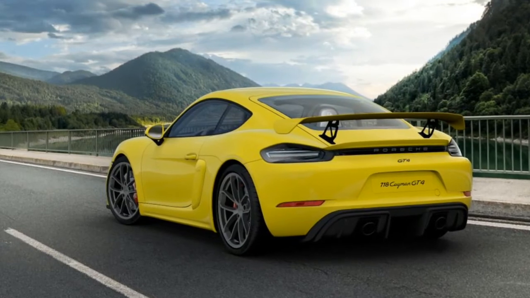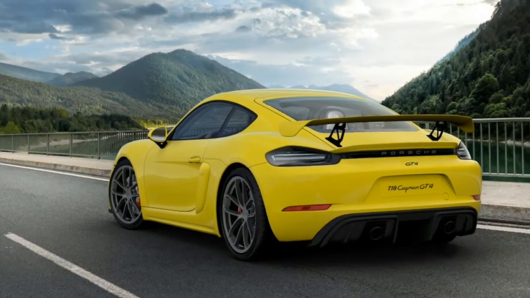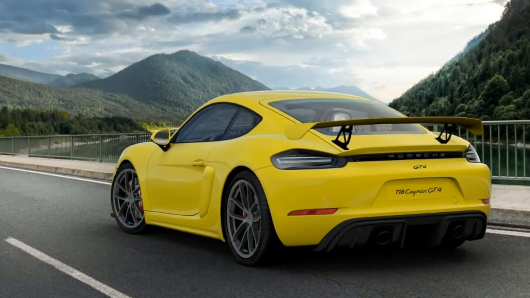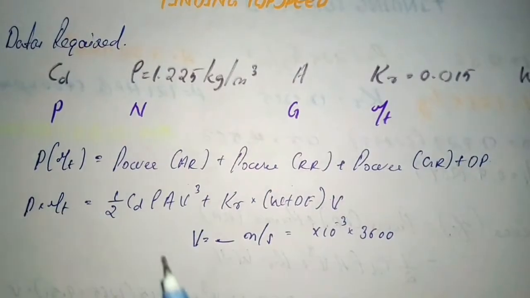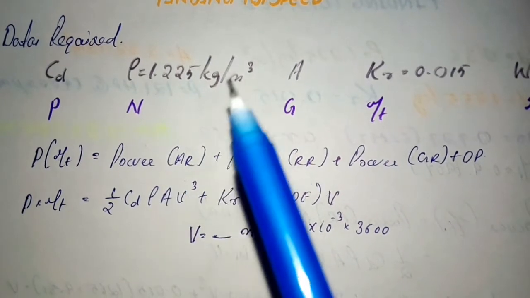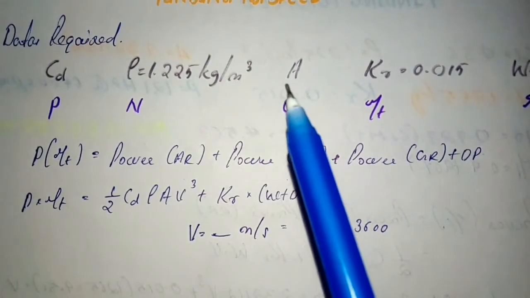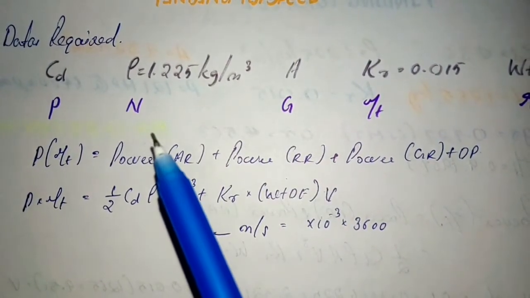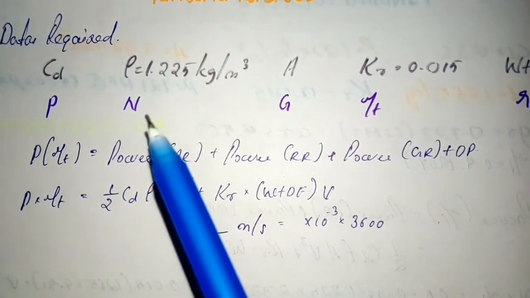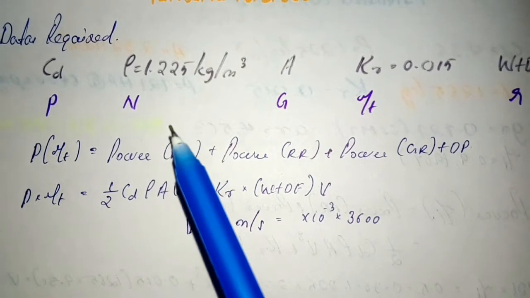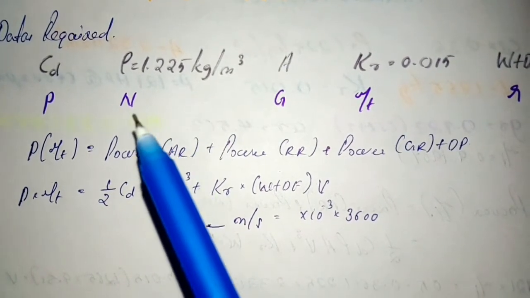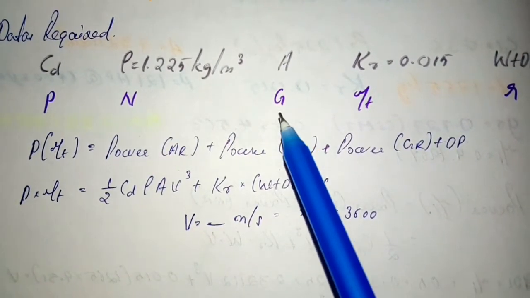So we must look for another method for getting the correct answer. Let's look at the alternative we have. By using this method, we will be able to find the top speed of the vehicle by considering the maximum speed of the engine, or the maximum speed the engine can have, which is in RPM, and we also have to consider the gear ratio.